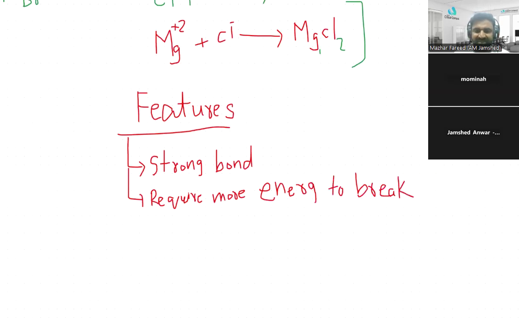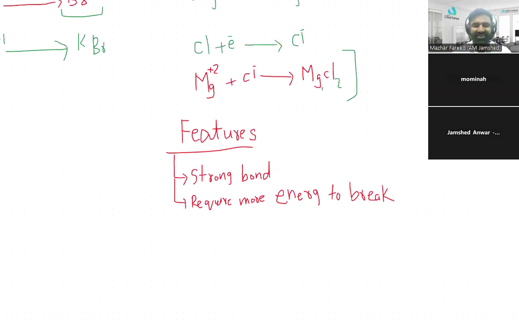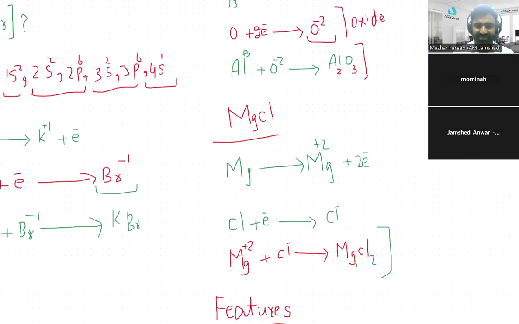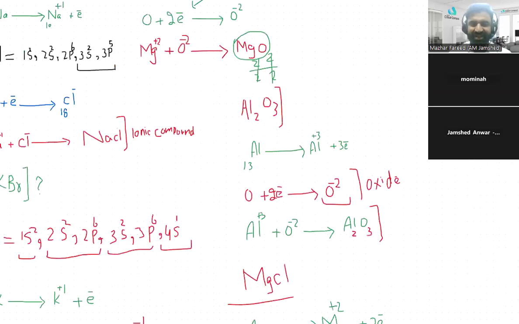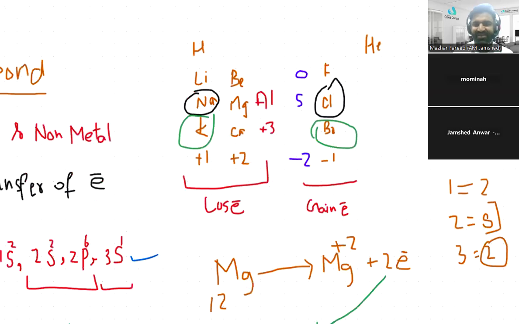We can differentiate which compound is more ionic and which is less ionic. The strongest ionic bond will be present between group 1 elements and group 7 elements, like lithium fluoride, sodium chloride and potassium bromide. These compounds will have the highest ionic bond strength.